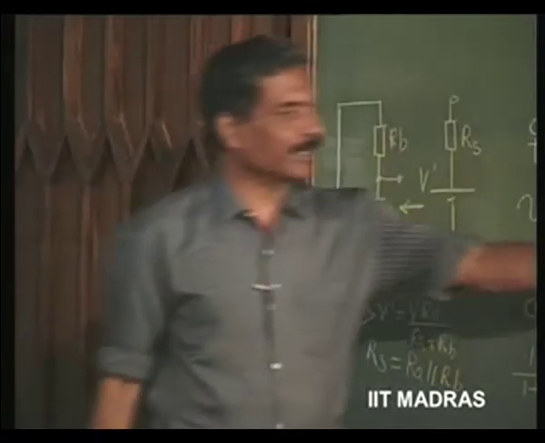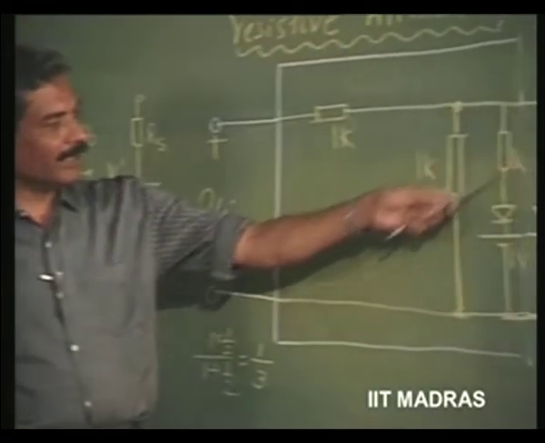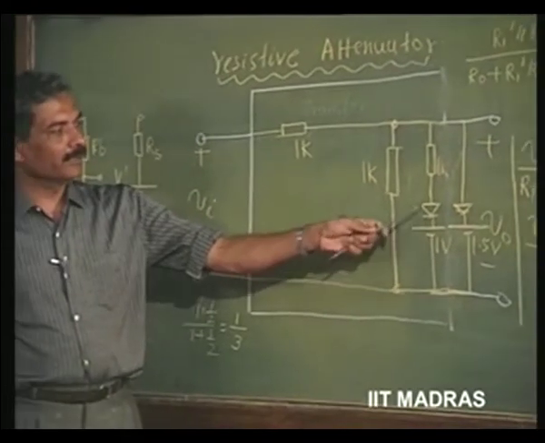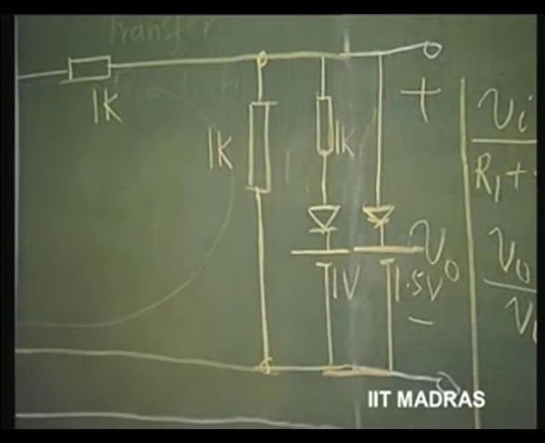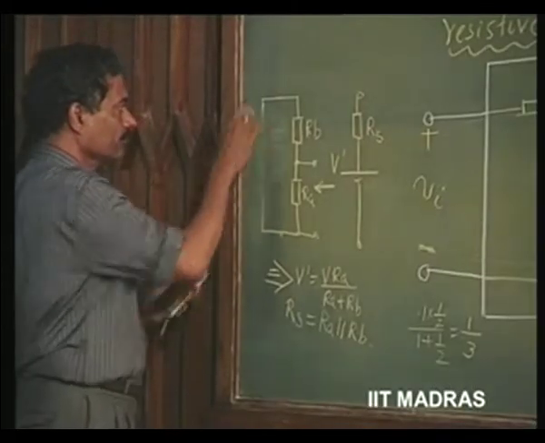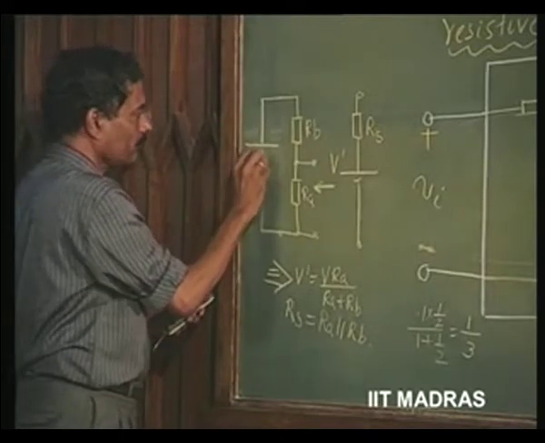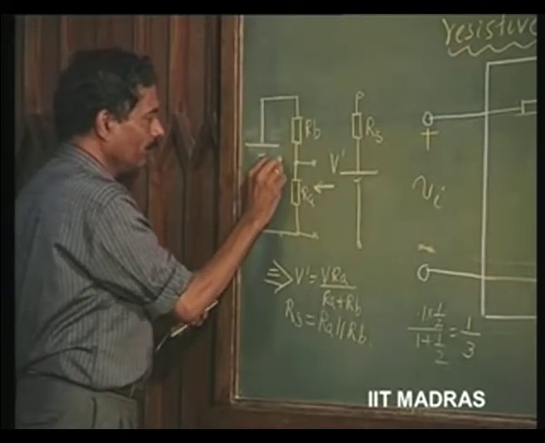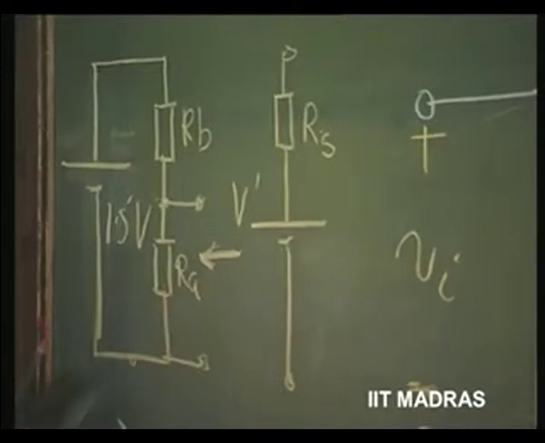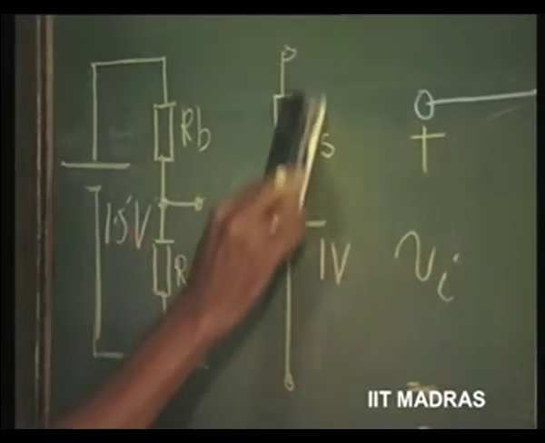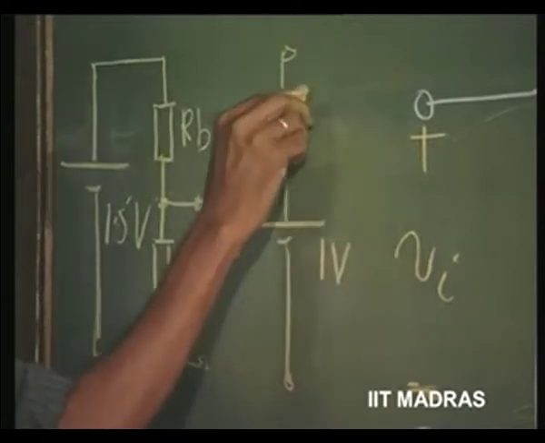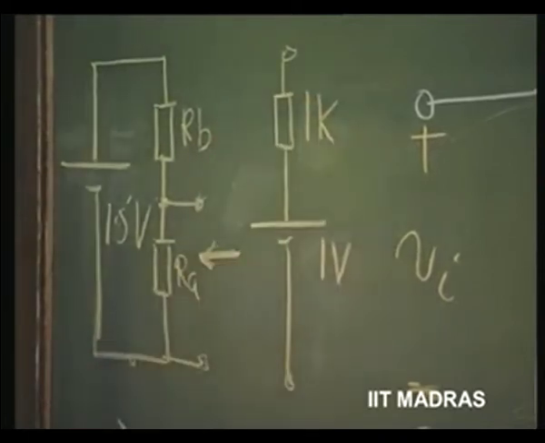Let us for example try to derive this. I want 1K in series with 1 volt to come into the picture in series with this diode. I have only a 1.5 volt battery. So, let us take this example. I have 1.5 volts. I would like to get this voltage which is 1 volt in series with a resistance I want of 1K.